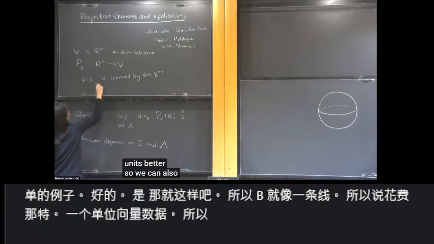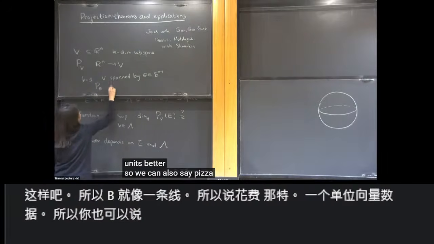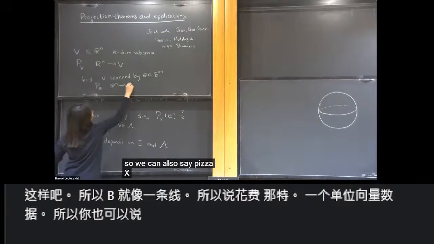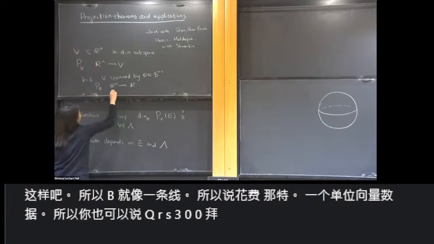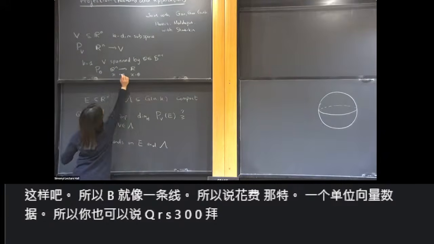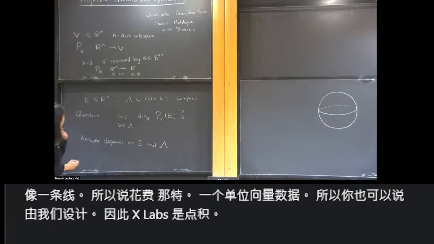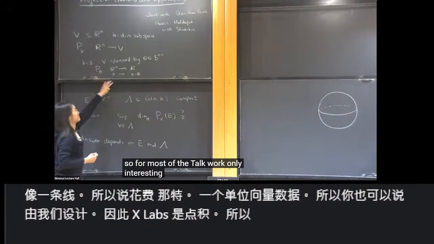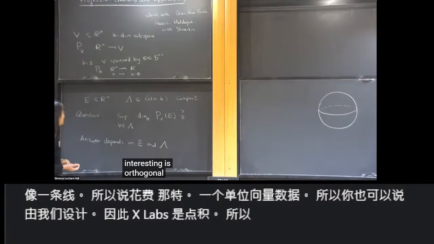Then we can define P_theta from R^n to R by X maps to the dot product of X and theta. For most of the talk, we're only interested in this dot product, this orthogonal projection.